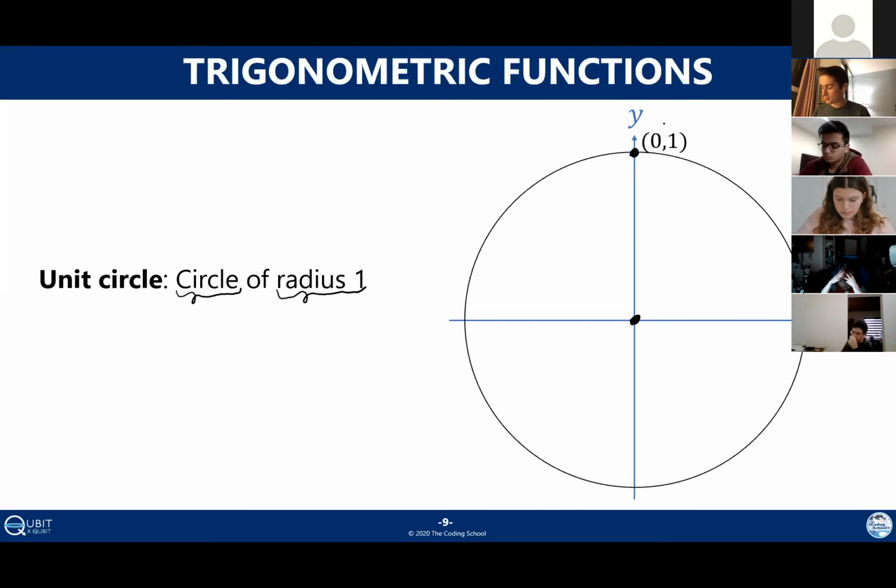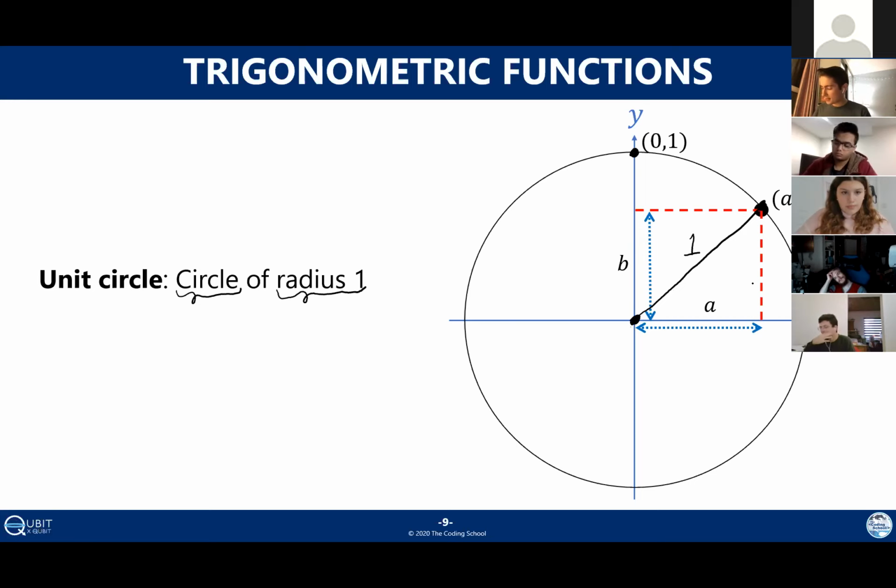And so we get x coordinate 0, y coordinate 1. Now, the same thing goes even if you had a point somewhere out here on the circle. If we drew the radius out to that point, this would still have a radius of 1. And so this is the defining characteristic of the unit circle.